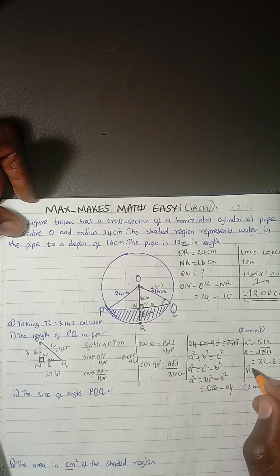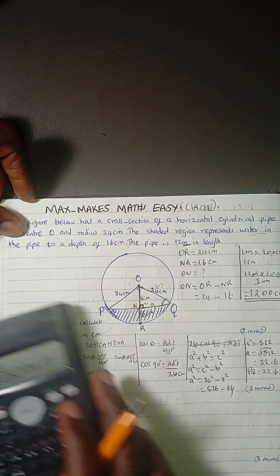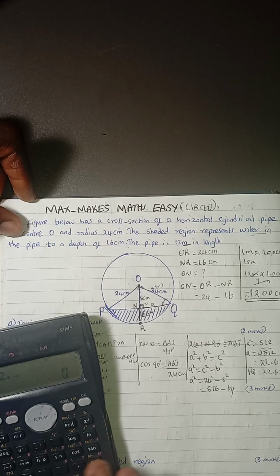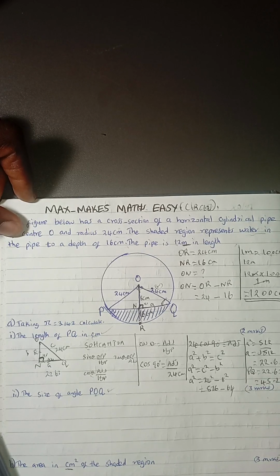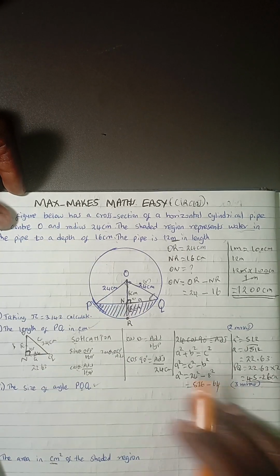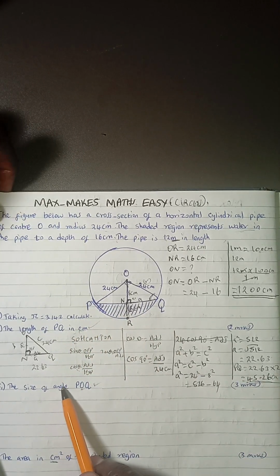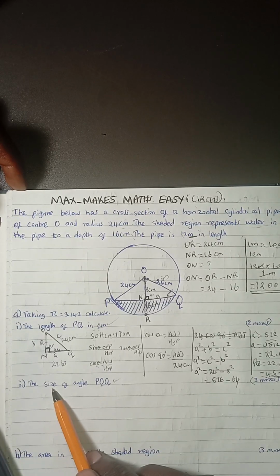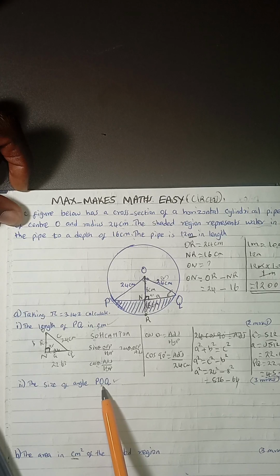So PQ is equal to 22.63 times 2, that will be 45.26. 45.26 centimeters is the length of PQ.